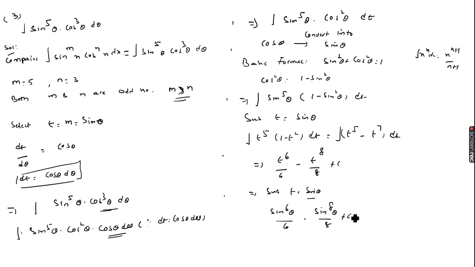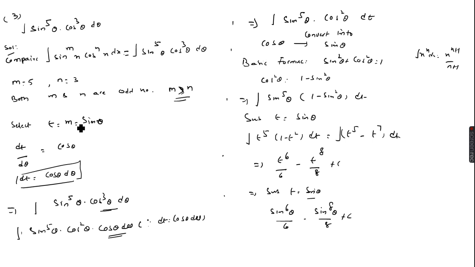So that means here is how we solve this problem. First, the question is the integral of sin power 5 theta into cos cube theta into d theta. We compare it with sin power mx into cos power nx into dx. If you have compared, m equal to 5 and n is equal to 3. So both n and m are odd numbers, and we have to select the bigger element, and m is greater than n, that is 5 is greater than 3.